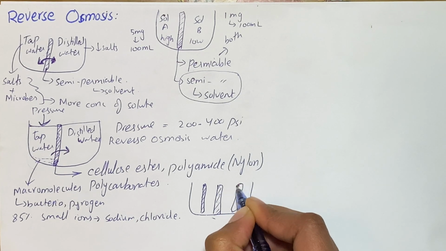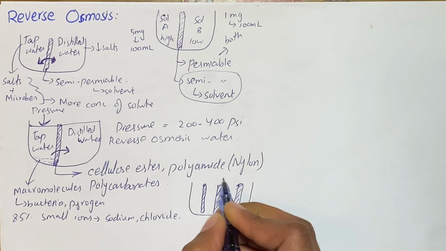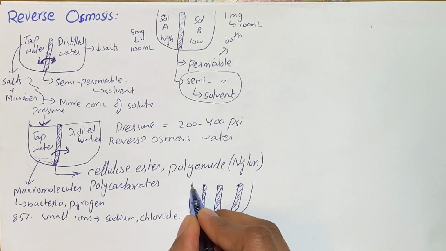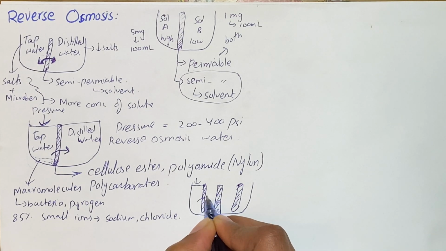Now if I have installed 3 semi-permeable membranes in one tank, when the pressure is being applied over the tap water, what will happen? There will be movement of solvent molecules across the membrane.